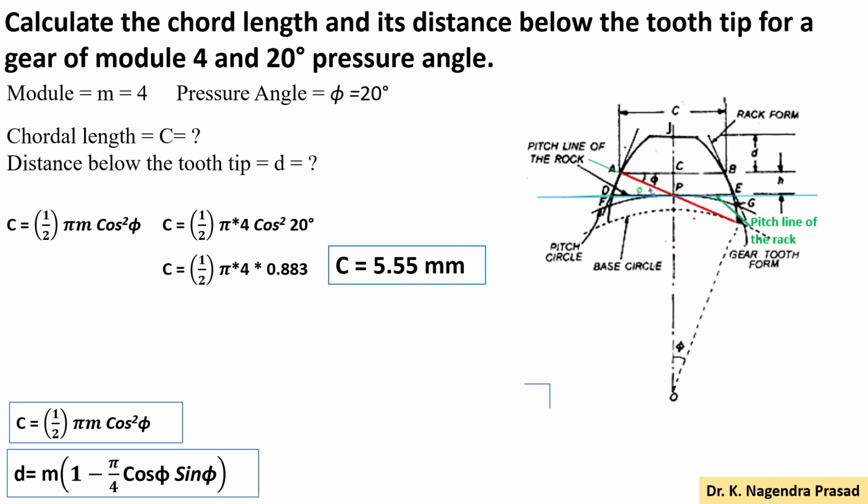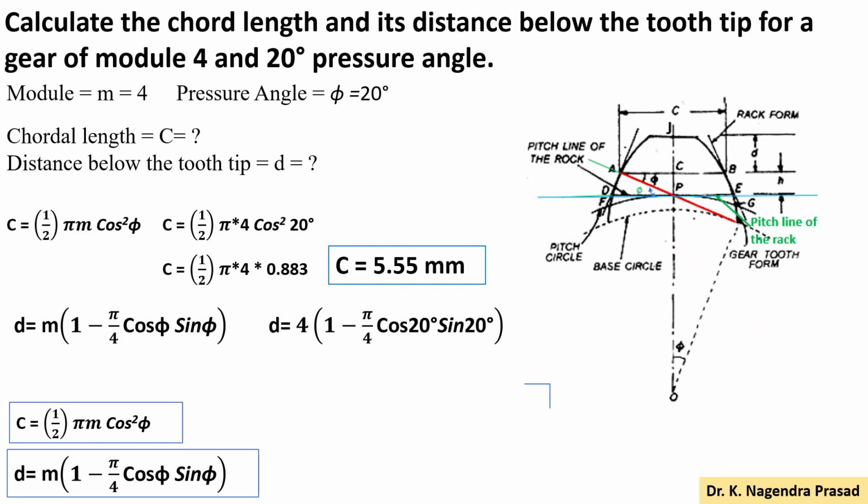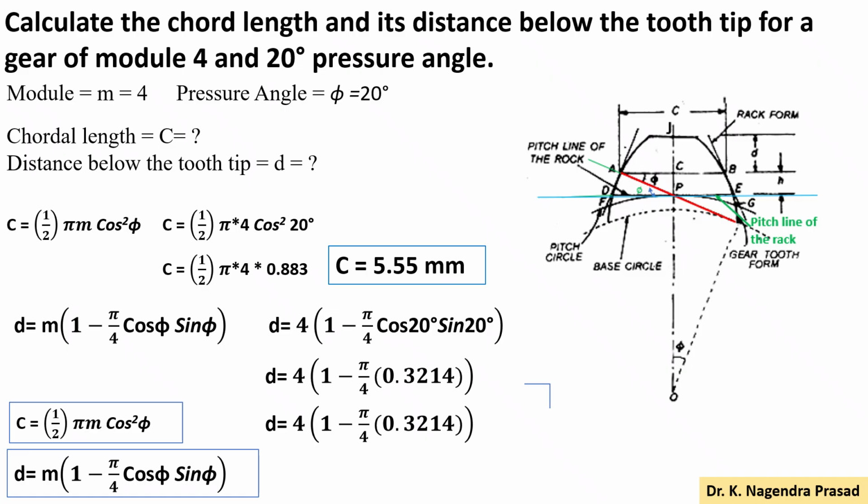Next, the distance below the tooth tip, small d equals m into 1 minus pi by 4 cos phi sin phi. Substitute m equal to 4 and phi equal to 20 degrees. If you solve this, we get the small d value as 3 mm.